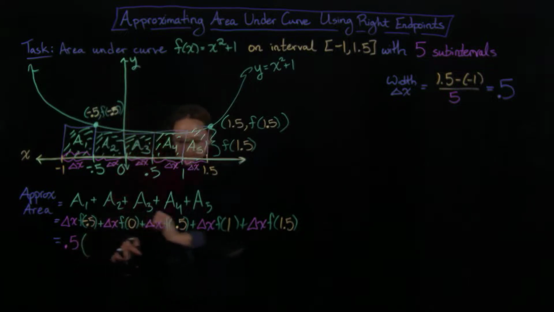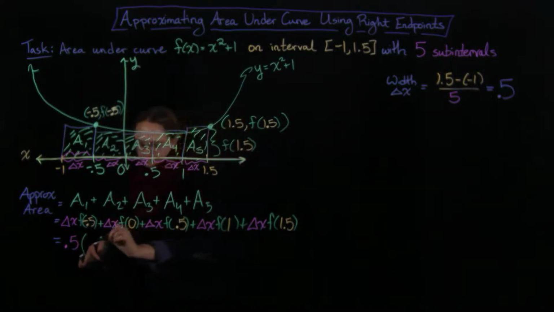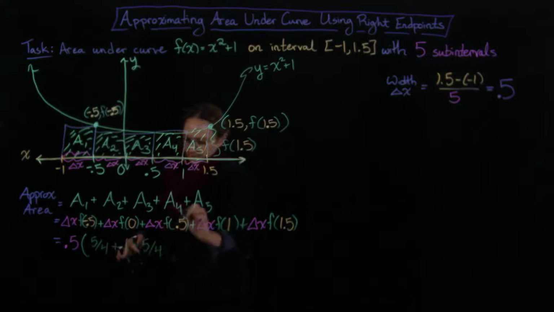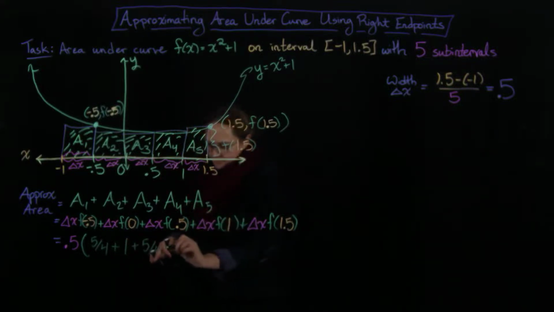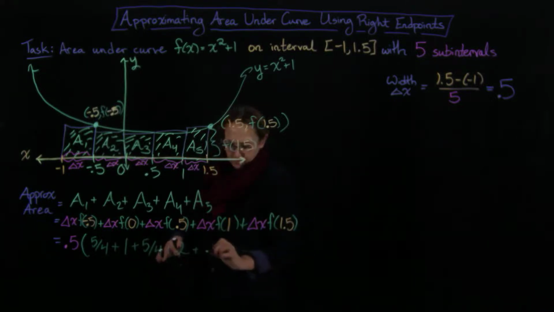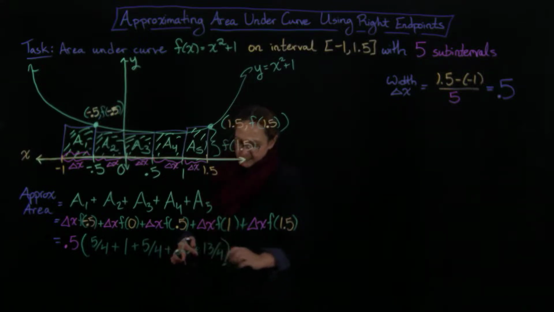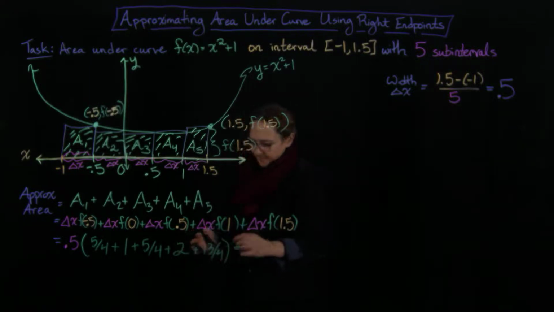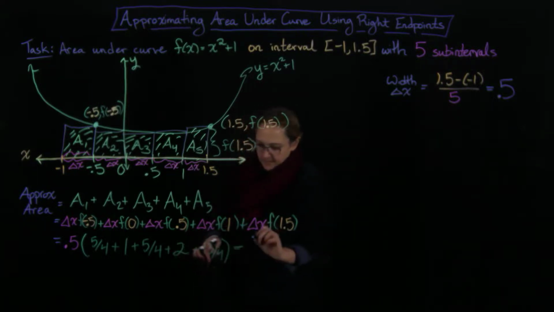So f of minus 0.5, so we should get 5/4 plus, and then we should get 1 plus 5/4 again from this here. And now we need to do this one, and that should be 2. And then we need to do this one, and that should be 13/4. And so altogether, what we're going to get as an answer is going to be 35/8.